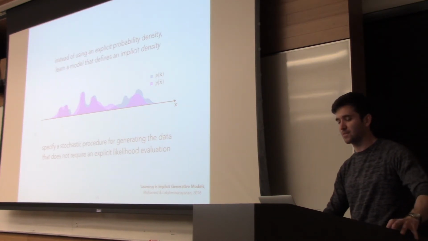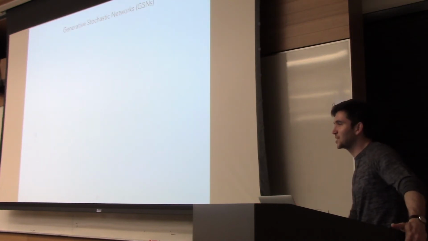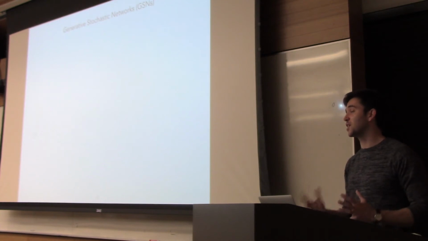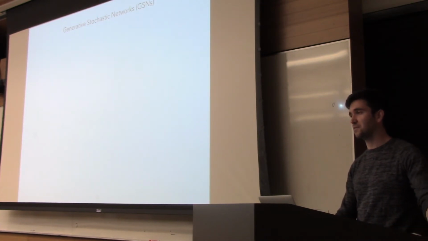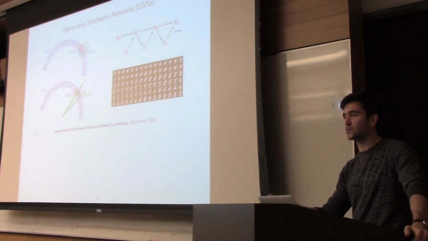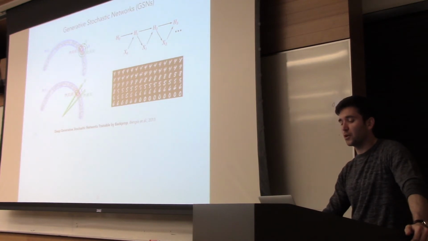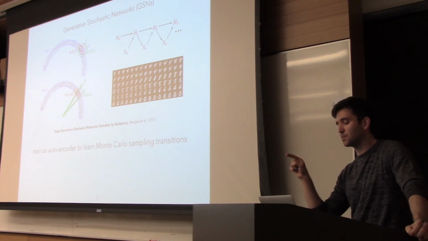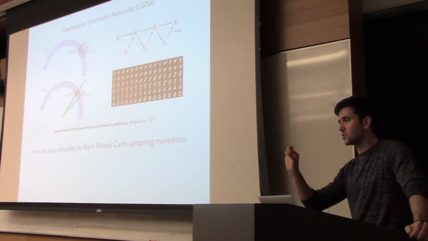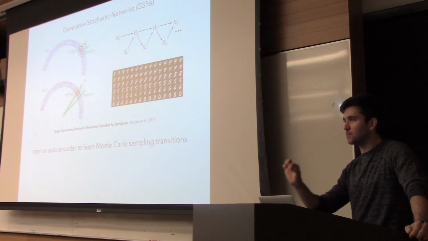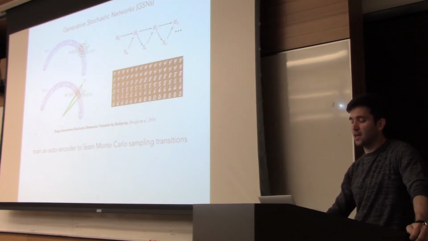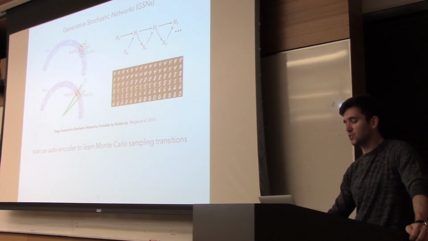Before we get to GANs, because GANs is the main one, this area is actually bigger than just GANs. There's a paper from 2013 called Generative Stochastic Networks, where you define an autoencoder that learns how to take Monte Carlo steps. So you're jumping around in some distribution that you have and transitioning between samples, and you're learning how to do these transitions.